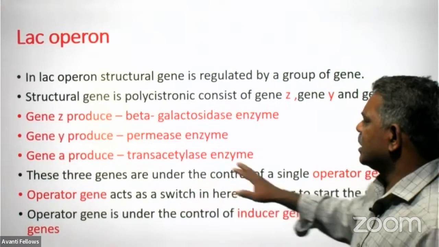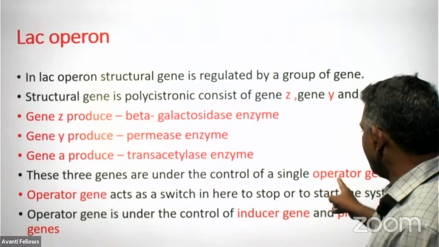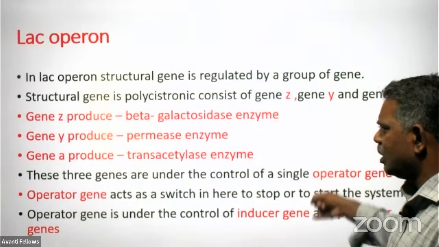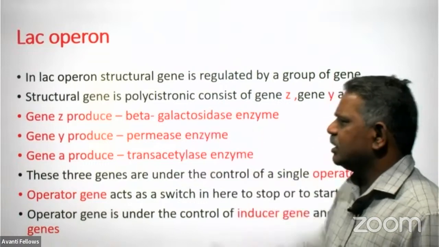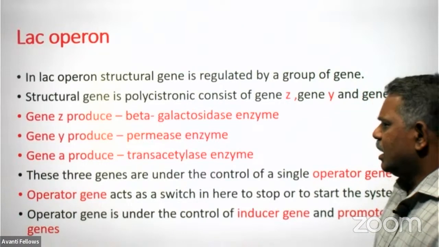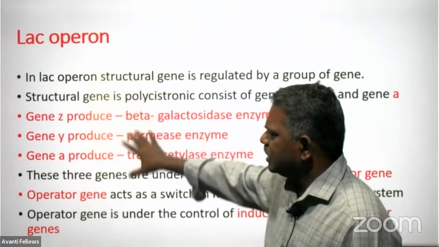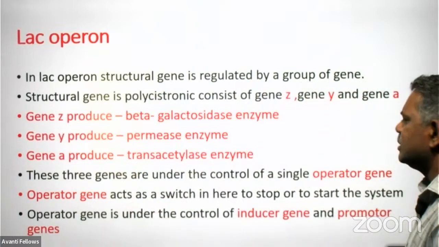And these three genes are under the control of a single switch. Here, the operator gene acts as a switch. Whenever it puts the switch on, all three genes start expressing the protein. And whenever it puts the switch off, immediately all these three genes, Z, Y, and A, stop the production of the enzyme.